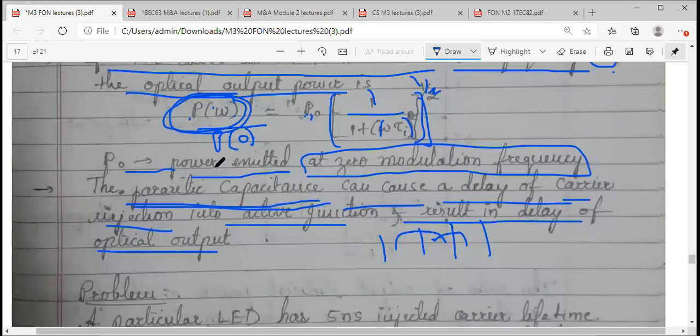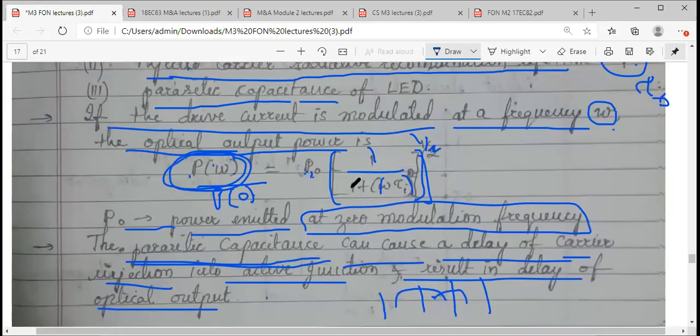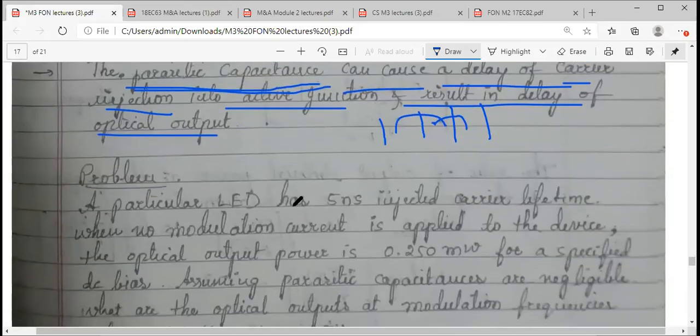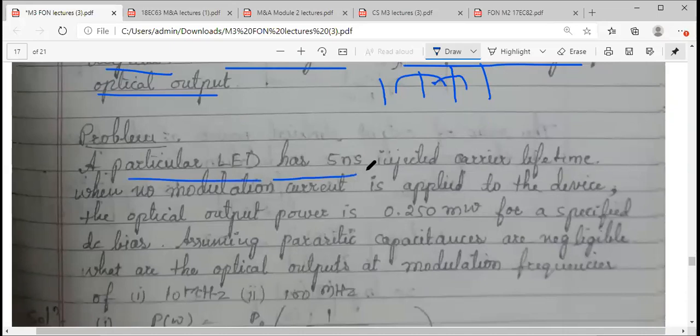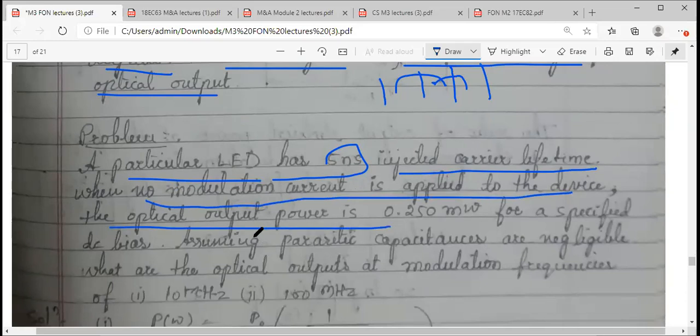So based on this equation, P of W is equal to P naught times this ratio, we have a problem. A particular LED has 5 nanoseconds injected carrier lifetime, that is tau I is given to you. No modulation current is applied to the device. The output power, that is P of W, when no modulation is applied, the optical power is this, means P naught is given to you.